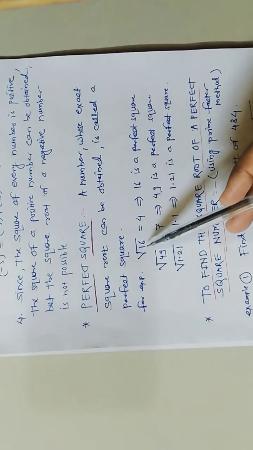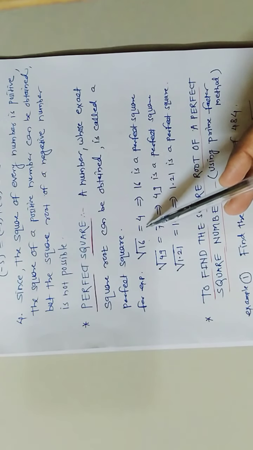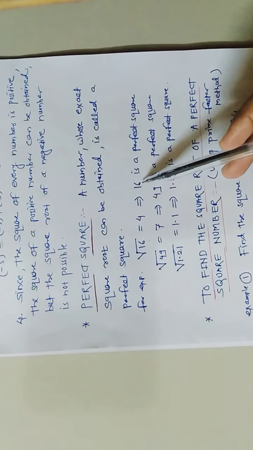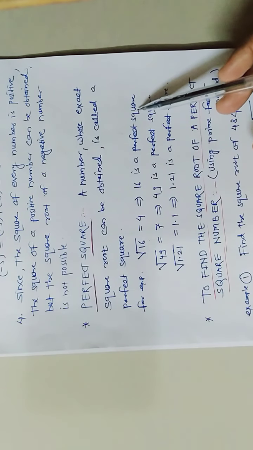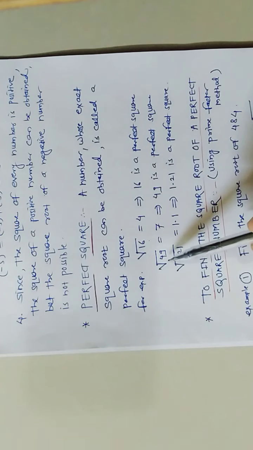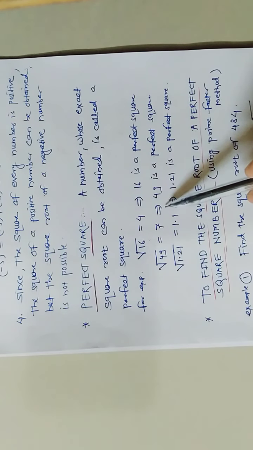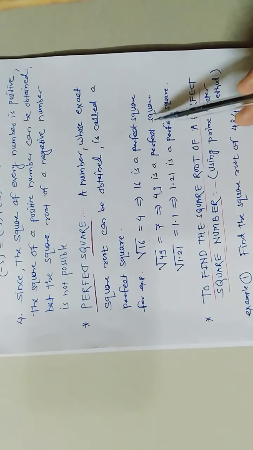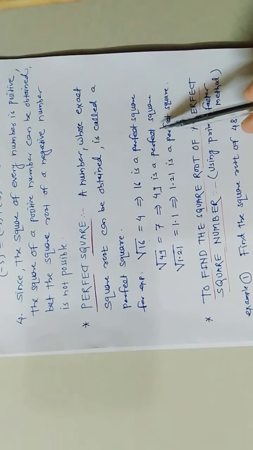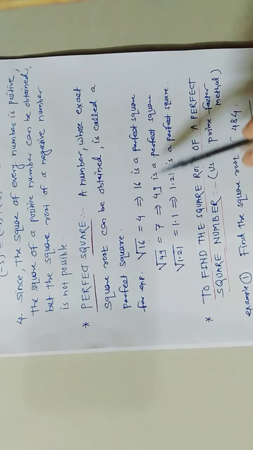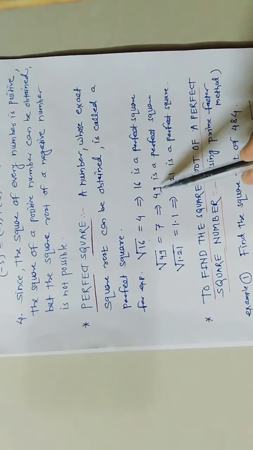See the example: the square root of 16 is equal to 4, so this implies that 16 is a perfect square. The square root of 49 is equal to 7, so 49 is a perfect square, because its square root can be obtained, that is 7.